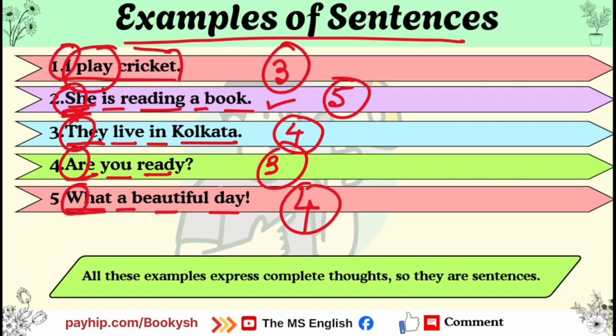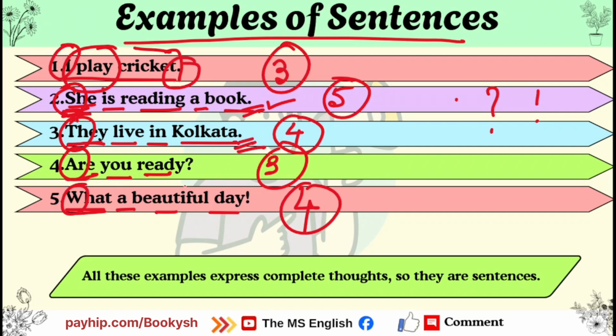Okay, so another thing we have seen, that a sentence will end with a full stop or a question mark or with an exclamation sign. In these sentences we can see that the first sentence has ended with a full stop. In the second sentence there is a full stop at the end. In the third sentence, we can see there is a full stop.